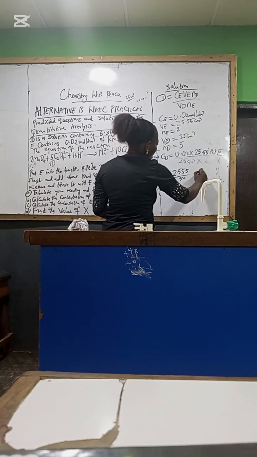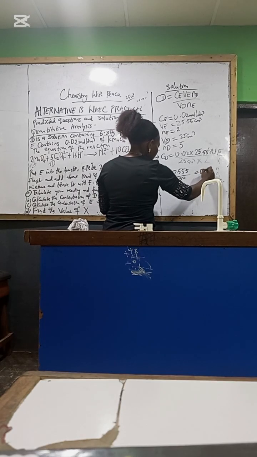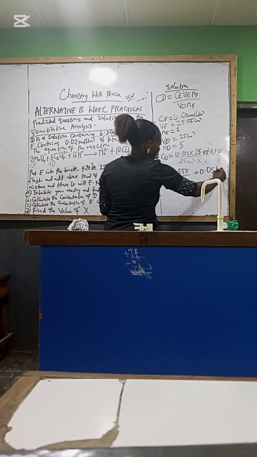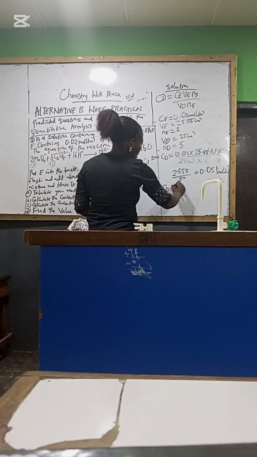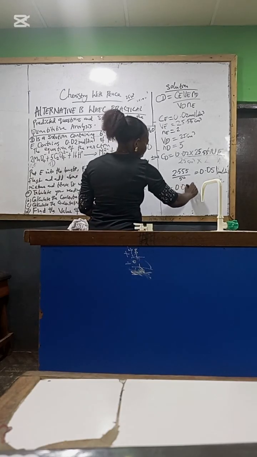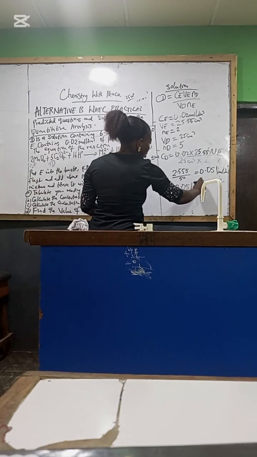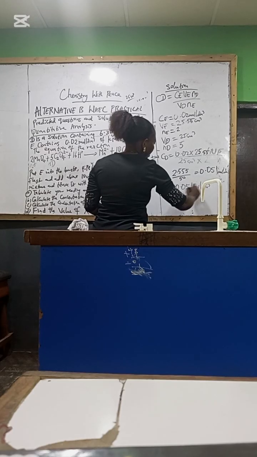So we got 0.051 mole per dm cube. So we just got our CD to be 0.051 mole per dm cube.